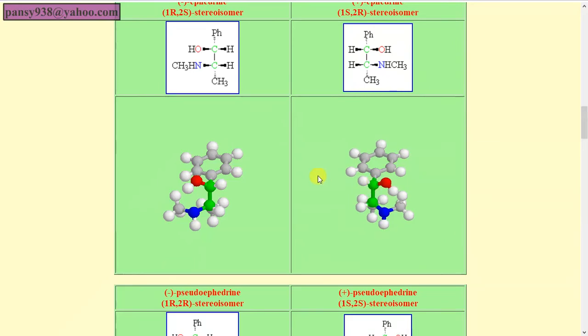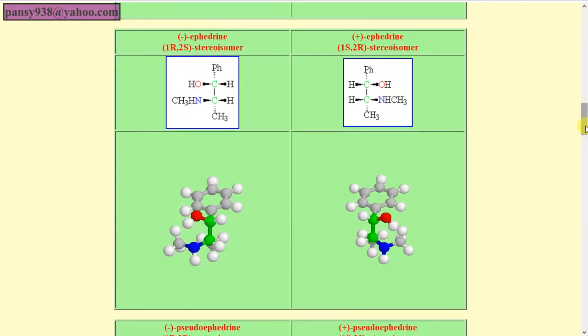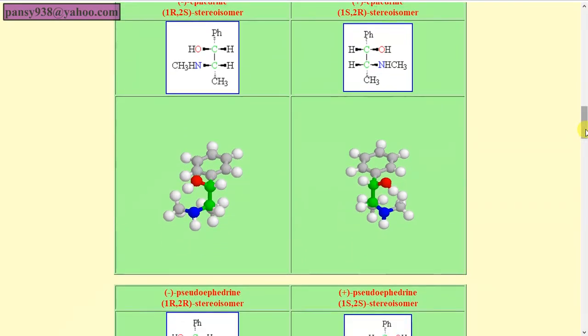This gives a different stereostructure to both of the compounds, as a result of which they have different characters. One of them is a relaxant and is used as a cough syrup, and the second one has no action at all.